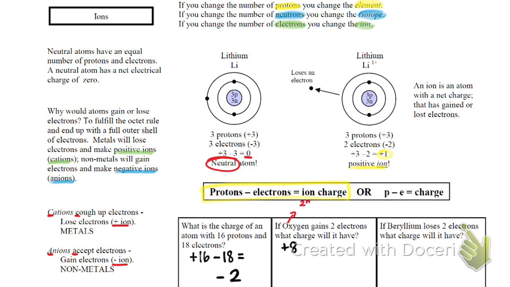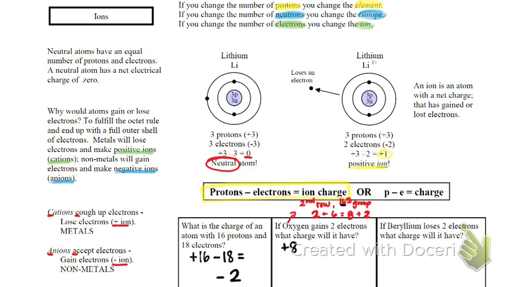How many are in that first row? 2, and then it's in the 16th group. So how many valence electrons does it have? 6. So 6 plus 2. Normally has 8, but it gains 2 electrons.